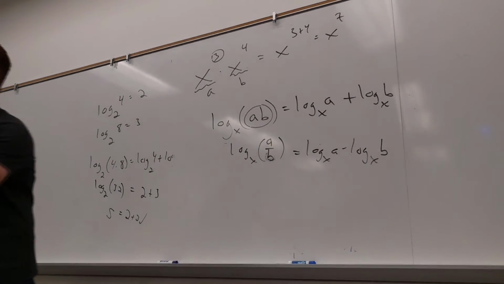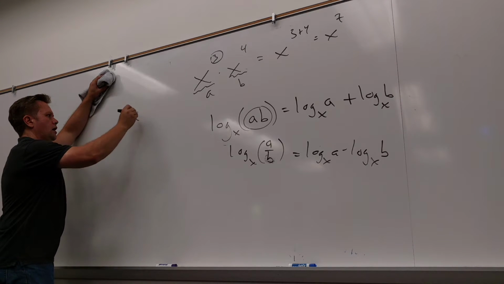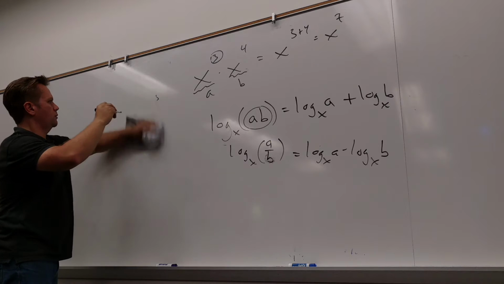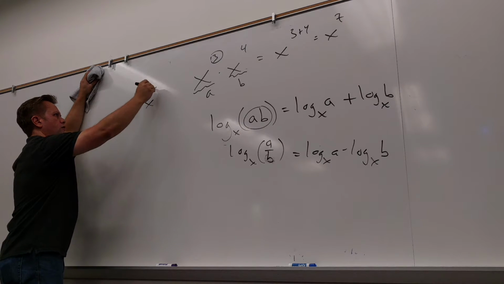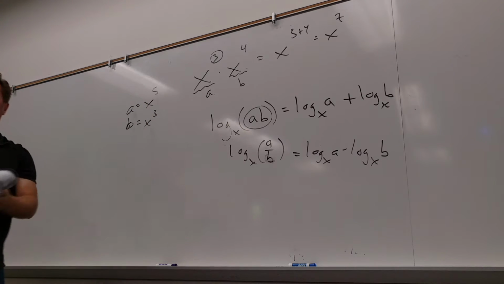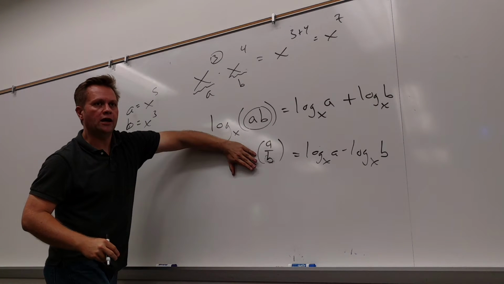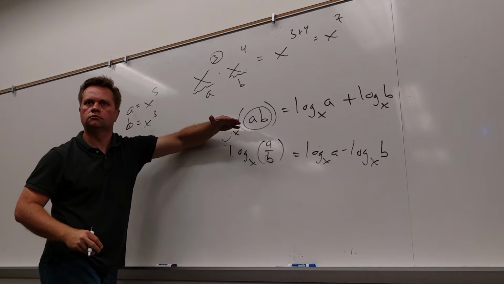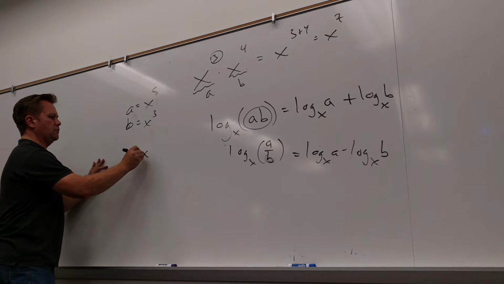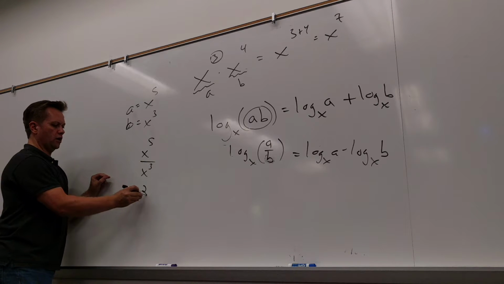All right, so let's take a look at the concrete example. Let's make it more general. Let's say A is x to the 5th, and B is x to the 3rd. So what this is saying is, okay, divide them and then look at the power on them, right? That's what the log does. It focuses on the power. So if I divide A by B, what do I get? X squared.